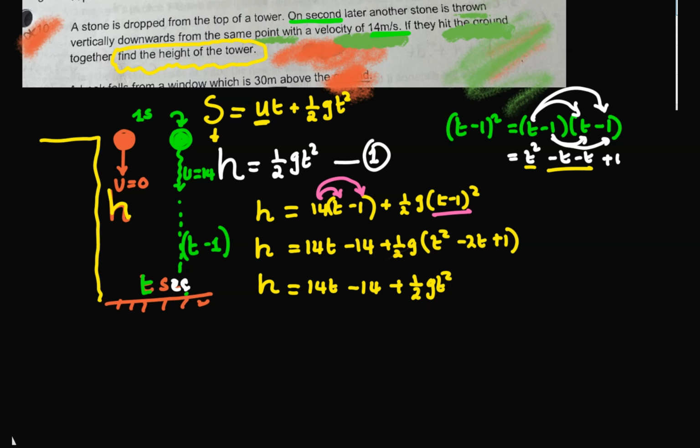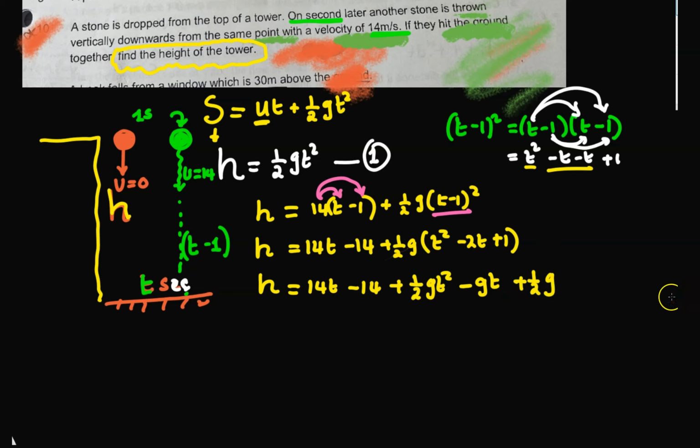So that I'm going to have minus gt, because these 2 cancelled, then plus a half g.